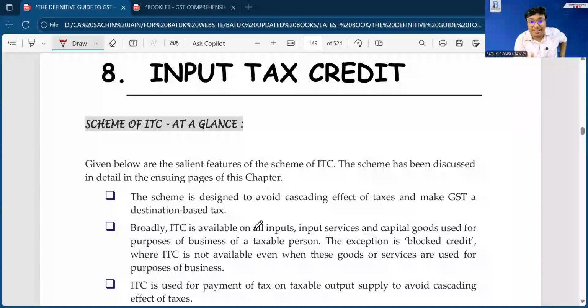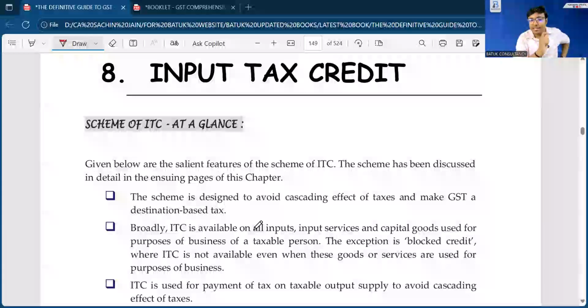We also need to check if there is any reversal requirement as per rule number 42, 43 or not. So multiple restrictions, multiple hurdles, multiple filters are there while calculating the input tax credit. And as we all know, when the number of filters increases, the chances of making a mistake also increase.